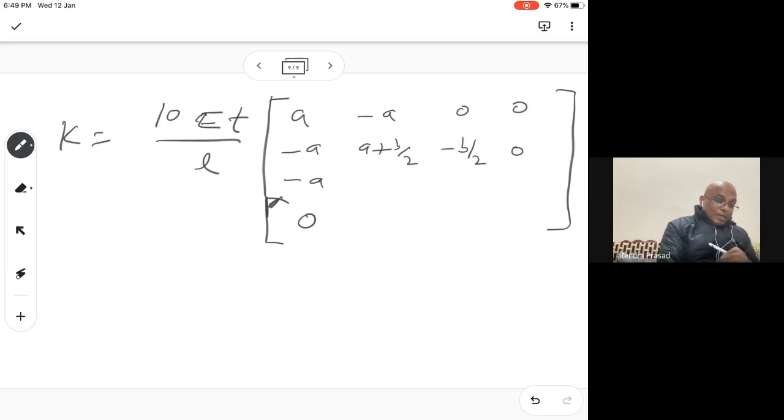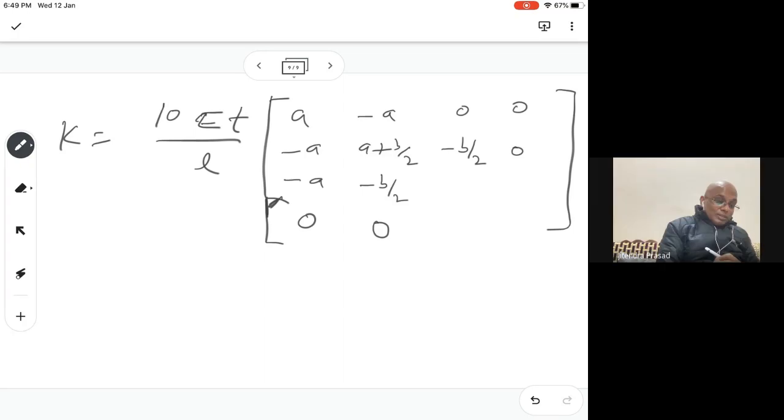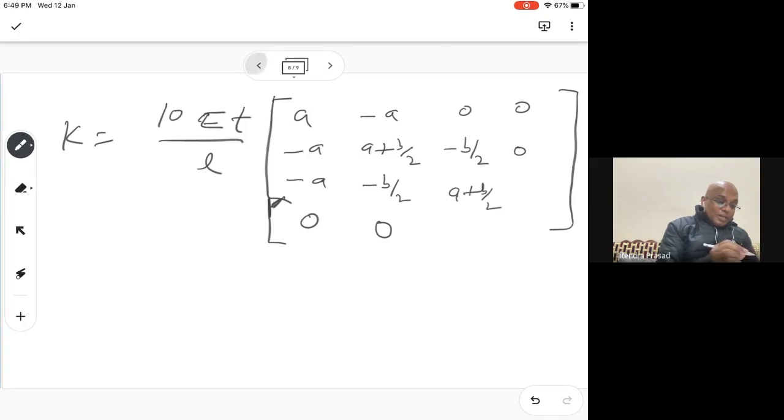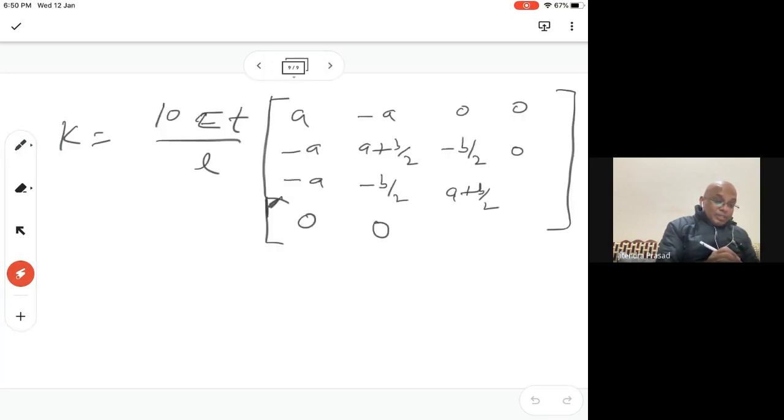Okay, and then here it will be minus B over 2, 0, and then at this place, what should be the thing here? We'll see. Yeah, so you have to see that. So this will be A plus B over 2, that is there. So if you see here, A plus B over 2, then minus A, right? This is minus A, sorry.